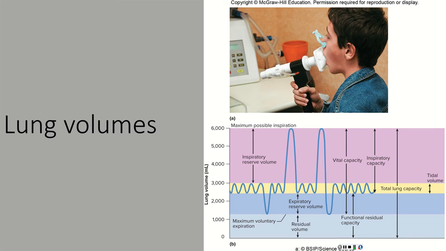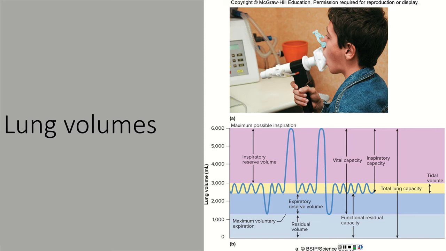Now, the numbers here, the actual volumes, we don't need to know that for lecture. I want you to know what each of these names that we're going to be talking about represents. For example, if I ask you about tidal volume, I want you to know what tidal volume means more so than what is the measurement of tidal volume.